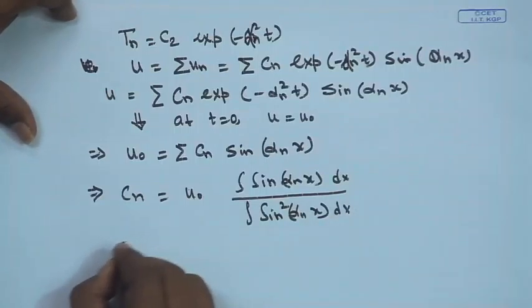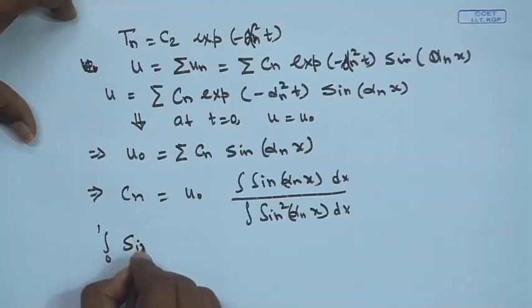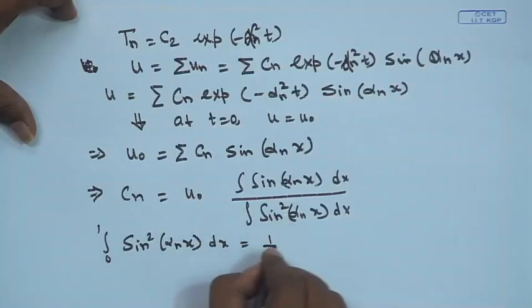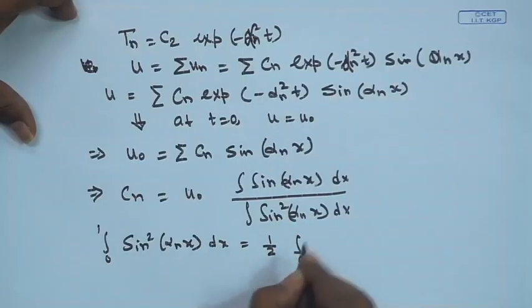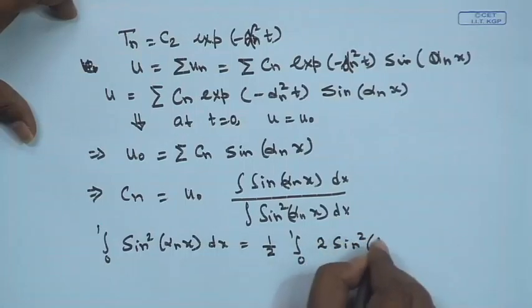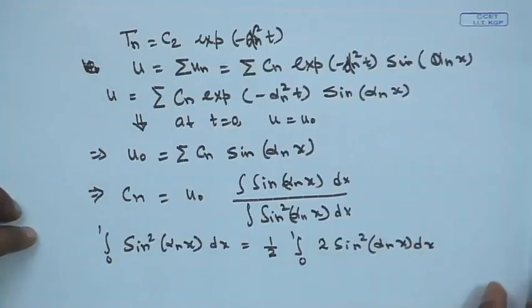First, let us look into the solution of the integral from 0 to 1 of sin squared alpha n x dx. I am talking about the denominator. So, this becomes, just multiplied by half, half times the integral from 0 to 1 of 2 sin squared alpha n x dx.